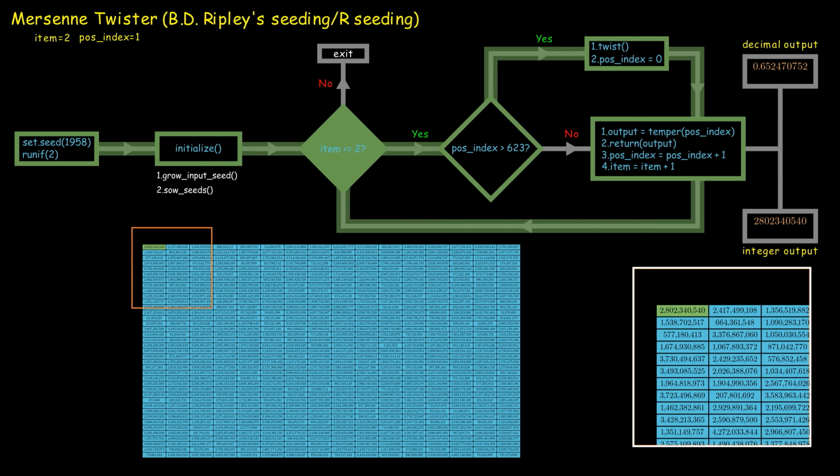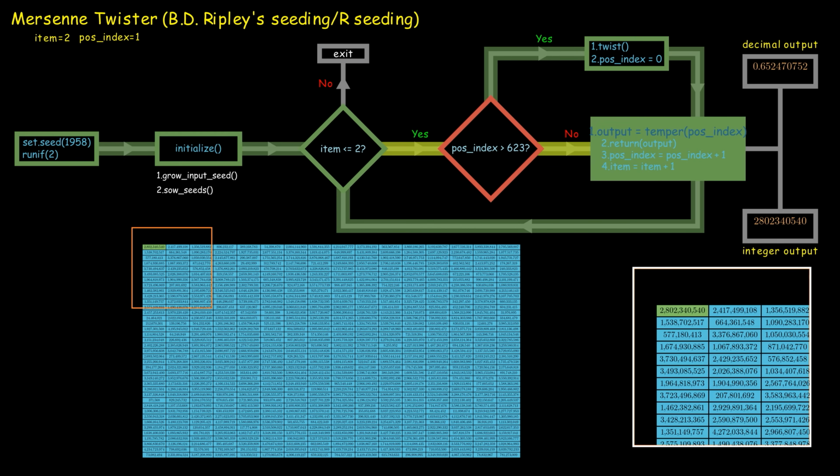Item being 2, the condition is met. POS index being 1, the condition is not met. So we take that lower branch, and we are ready to temper the number sitting in the twisted MT grid in the position with index POS index, which is 1 in this case, and that refers to the second cell in the grid.